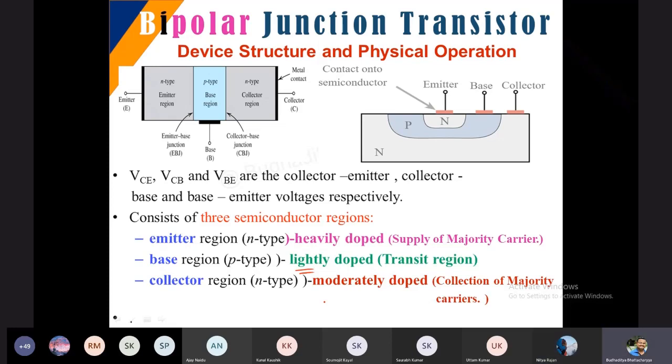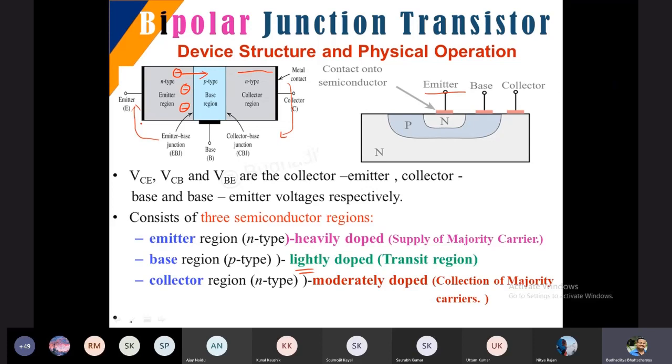Basically, if you consider the emitter is emitting the electrons, we have just observed that these electrons are already there as a majority carrier, and they are flowing towards this side. And we want the flow to happen, because only when these electrons pass on to the collector, finally completing the circuit, will the current flow.